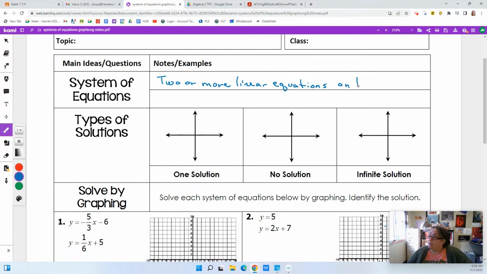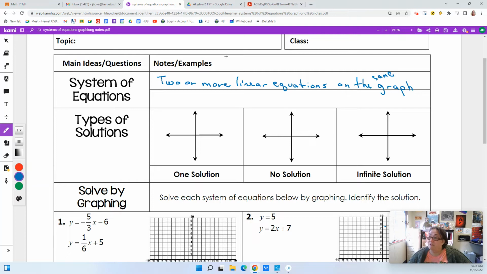There are three types, and they're all listed there. You've got one solution, no solution, and an infinite number of solutions.